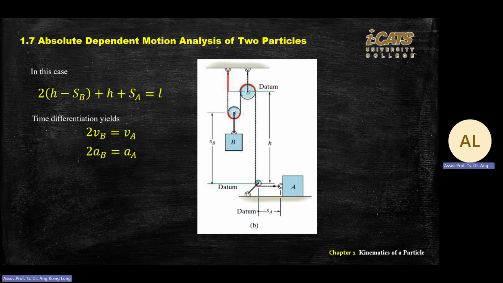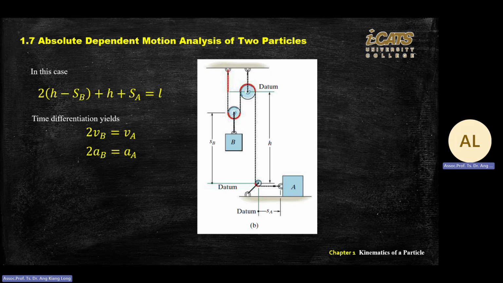Okay. So what does it mean? In this case, the negative sign is gone, but it still explains the motion, right? Because the datum is from ground to top. So if you move A, B will move up, right? So it becomes positive.